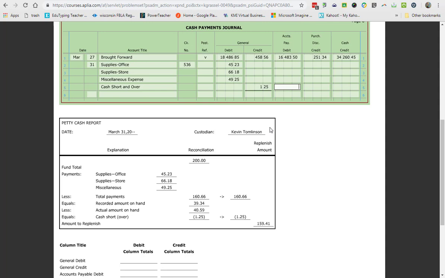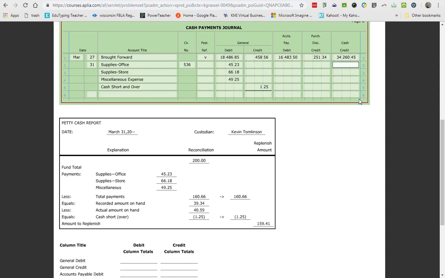Now, my debits and credits do not equal. Why? Life is not good unless your debits and credits equal. What am I missing? My cash. You got it. What is my cash? 159.41.